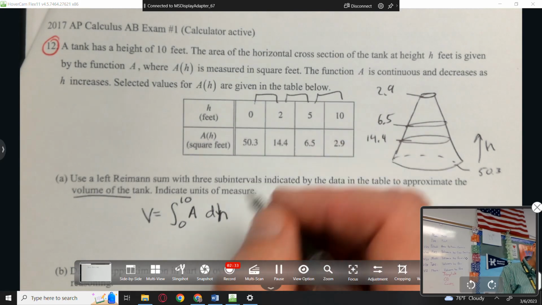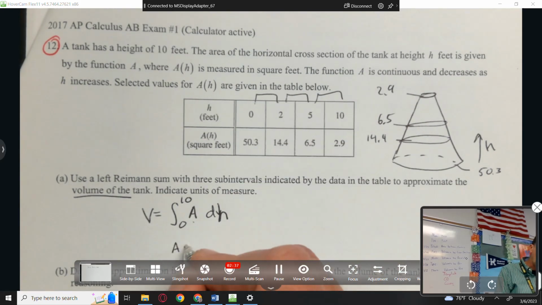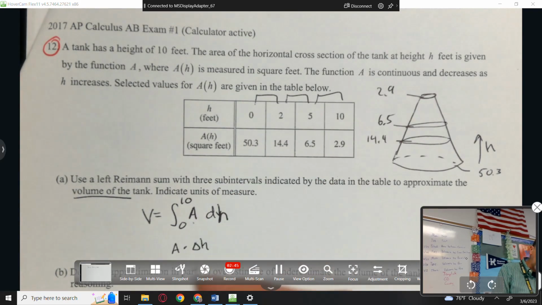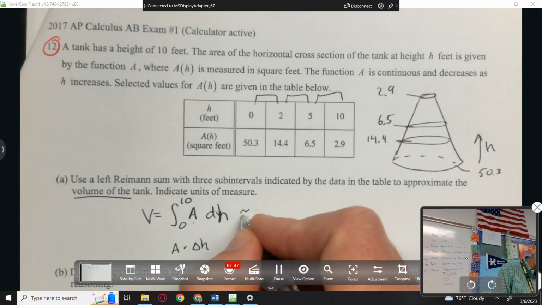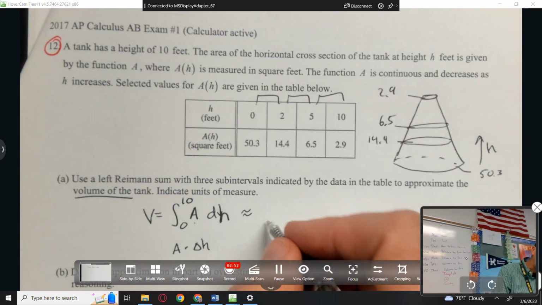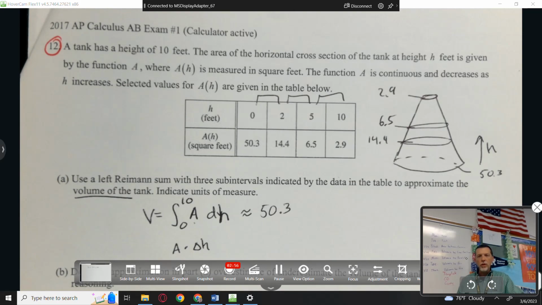So a left hand, so I need A times the change in h. A left hand means use the left hand height. So I'm going to approximate that. So the first height is not the first height, the first area is 50.3 times 2, the width of that interval.